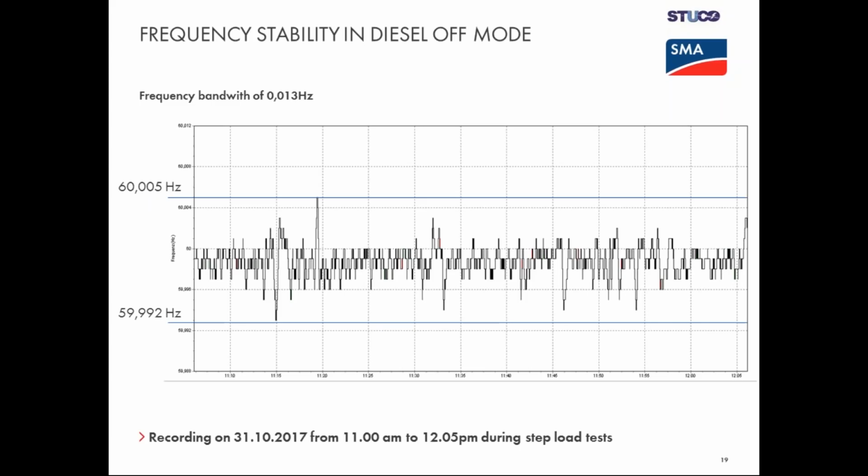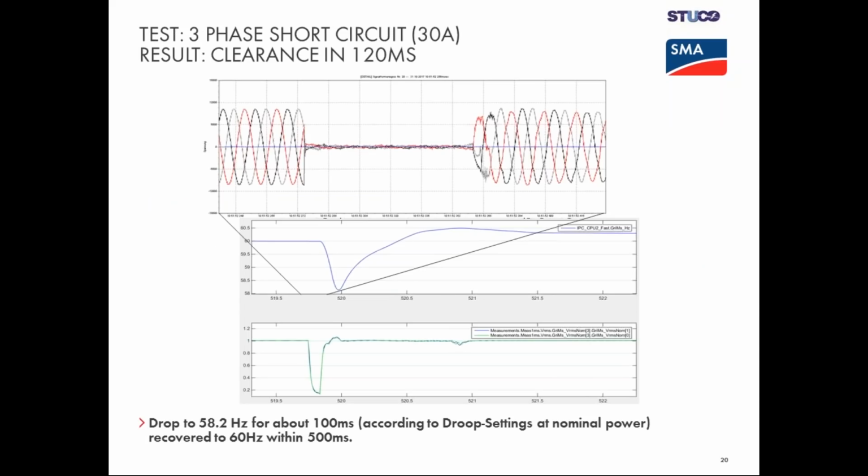And I have some other tests. So the short circuit was mentioned, and this is a test of 30 amps. It was actually a spectacular test, and I can tell you that we have blown some fuses. And you can see in this high resolution 10 millisecond measurement, the grid is stable. Then the clearance happened after 120 milliseconds, and the grid is fully working again.